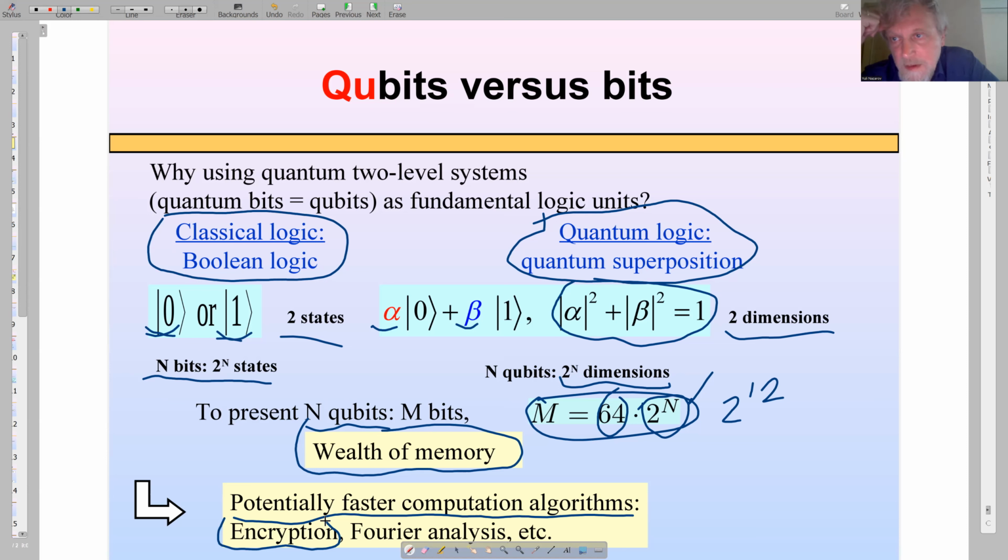It was a factorization of big numbers, representing a number as a product of prime numbers. That procedure is known to be very slow and inefficient for a classical computer. It can be done much faster with a quantum computer.